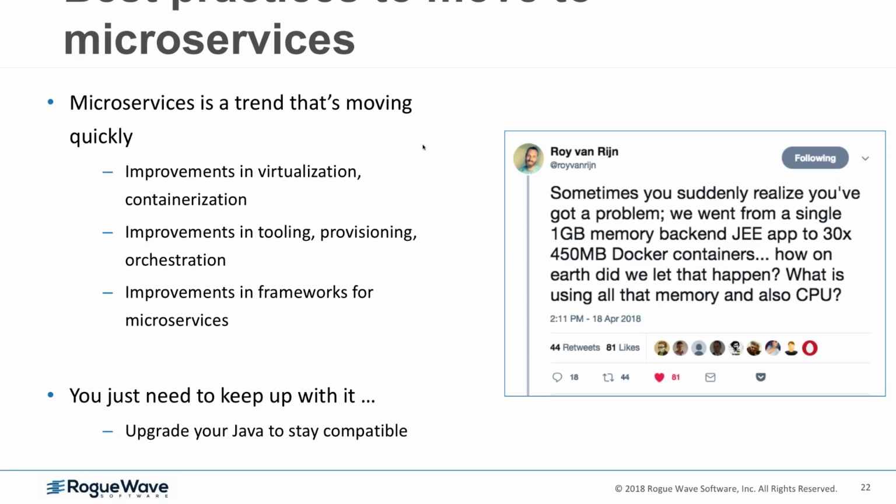For example, Java 9 and Java 10 brought improved container awareness, where Java understands that you're running in a container with limited RAM, CPU, or something, and certain things I believe were also backported to Java 8, so that Java could be run in a container. But just imagine all the changes happening in the microservices trend. If you want to keep up with them, you just need to keep upgrading your Java too.